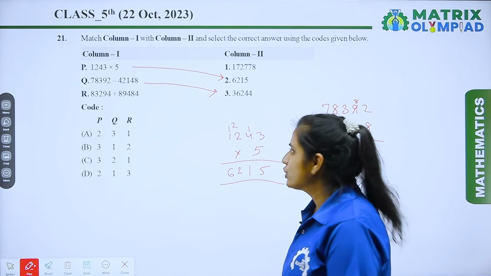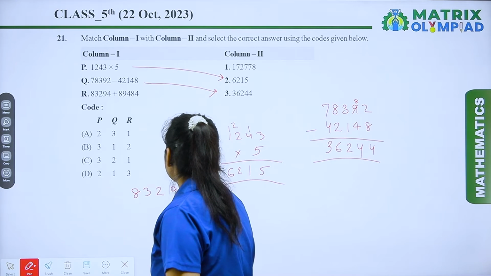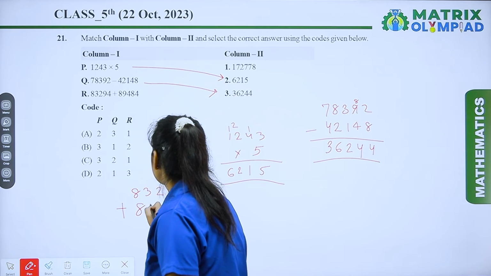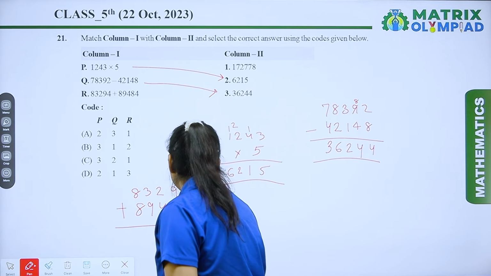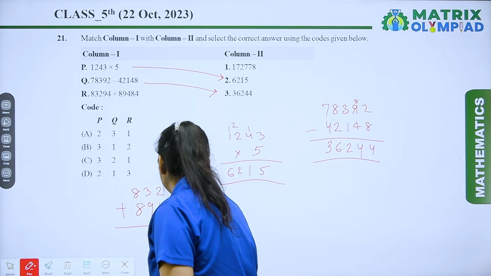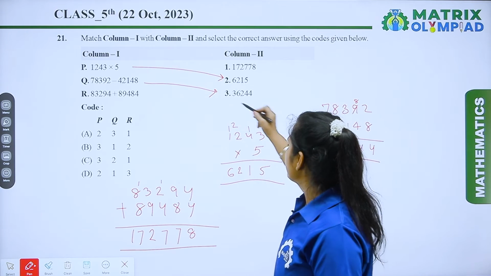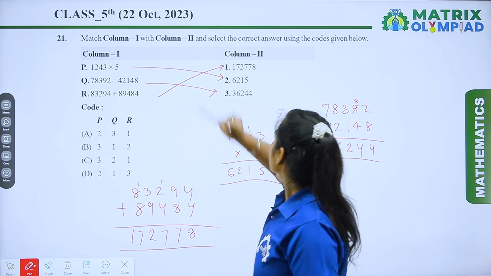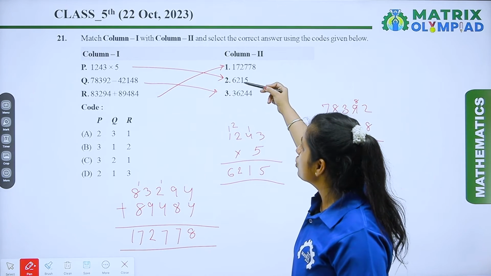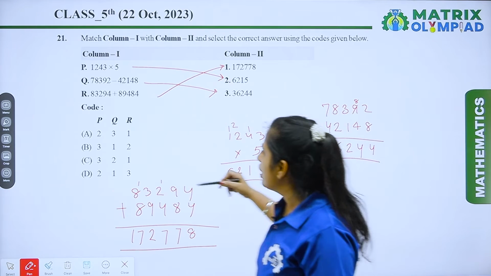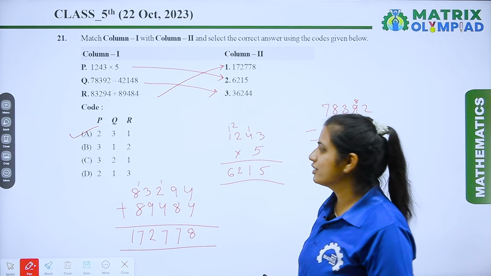Now let's check the next one, that is 83,294 plus 89,484. So here after calculation we get 1,72,778. So here we have the sequence that is 2, 3, 1. And here we got option A, the correct answer.